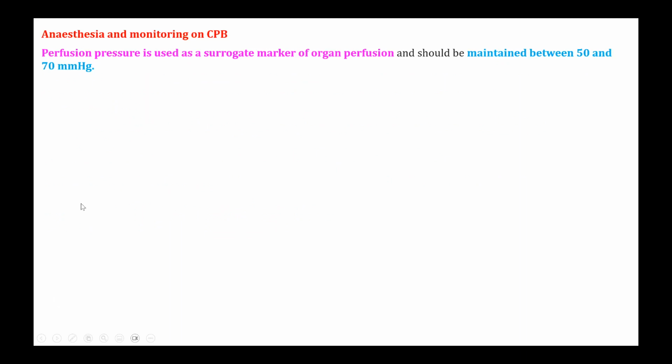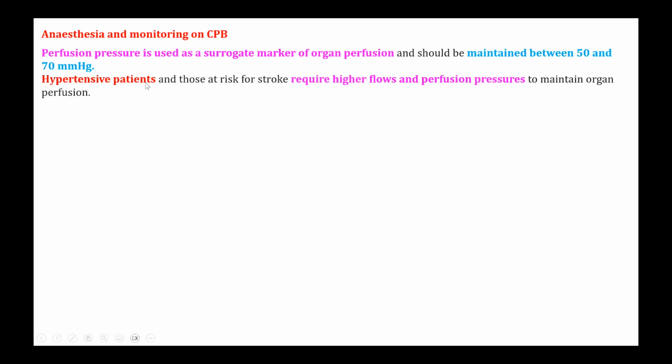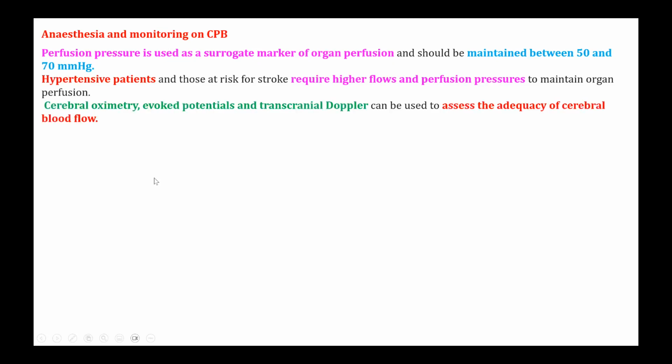Now, coming to anesthesia for monitoring in CPB, the perfusion pressure is used as a surrogate marker of organ perfusion, and it should be maintained at 70 millimeters of mercury. Hypertensive patients, those who are at risk of stroke, require higher flows and perfusion pressures to maintain organ perfusion.